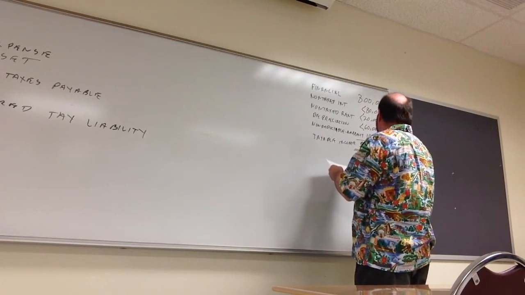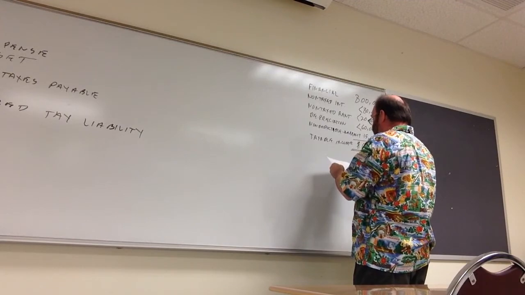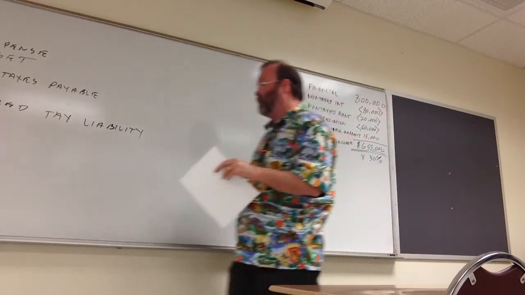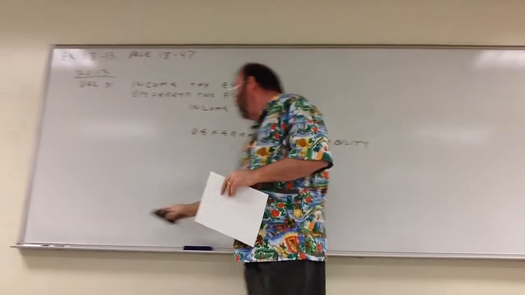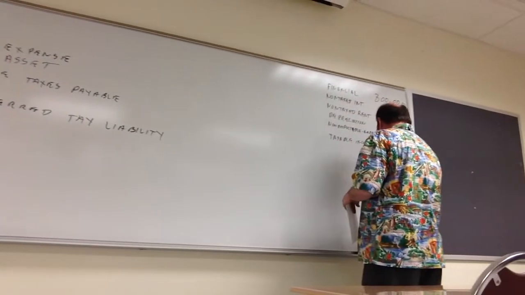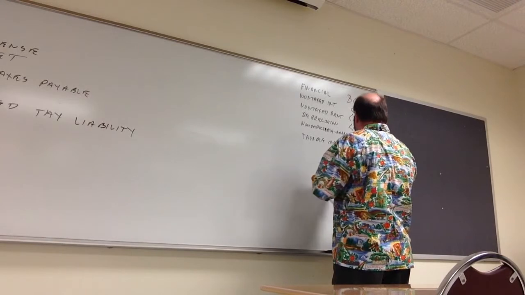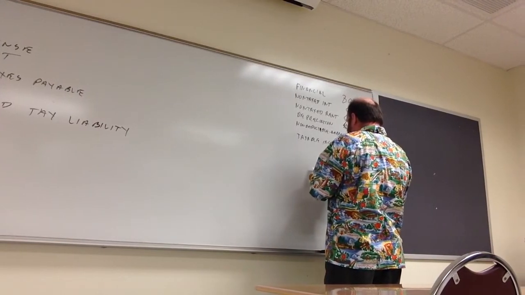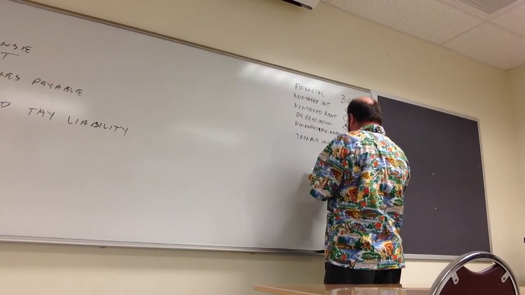If we multiply that by our 30% tax rate, I'm sorry, 40% tax rate, they changed up on me, we'll get an income taxes payable of $262,000.